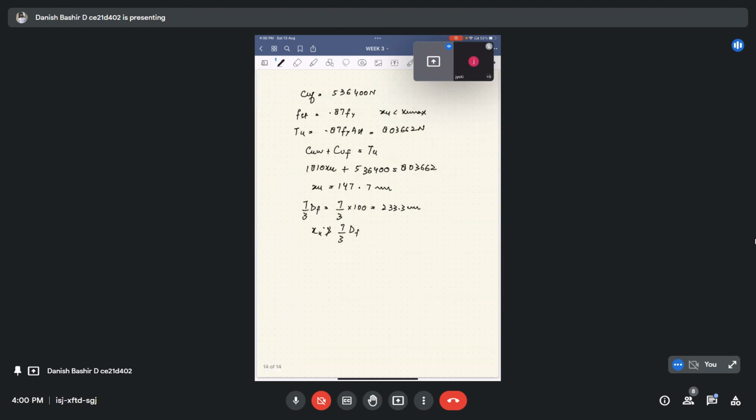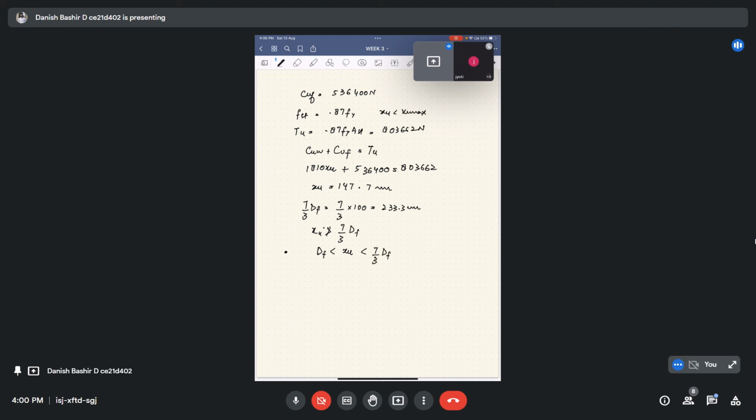So we have to make another assumption. It is now clear to us that the XU value lies between these two values, DF and 7 by 3 DF.